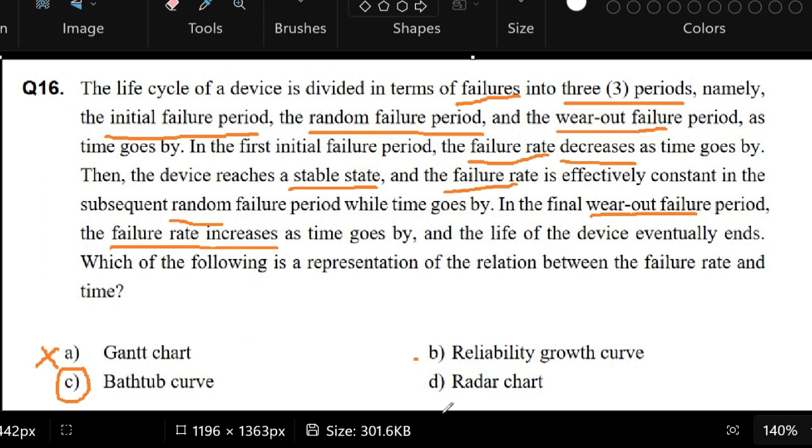For the other one, the radar chart, I think this can be used if you have a graph and you need to know, for example, something I remember with the radar chart is the one about stats.